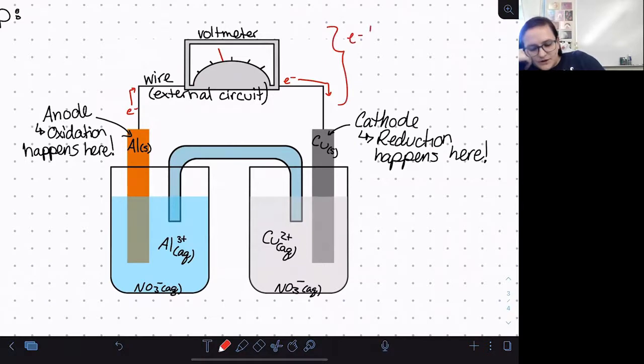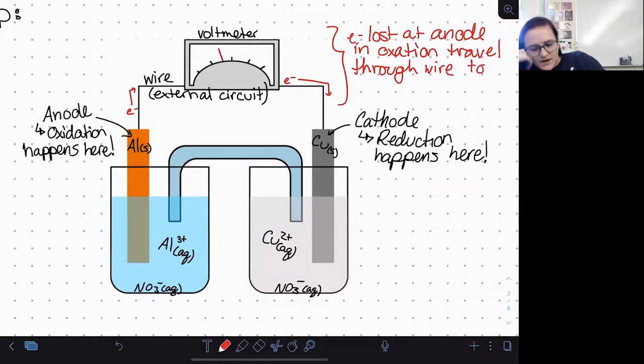So the electrons lost at the anode as part of the oxidation travel through the wire to the cathode, where they are used for reduction.